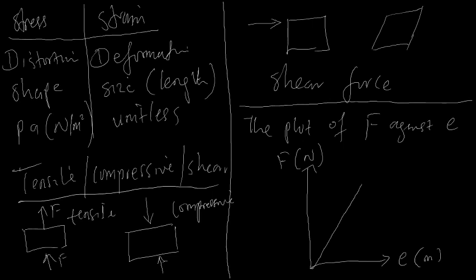Number one is the slope of this plot F against E will be what? So the slope, we know slope is rise over run. That's the vertical over the horizontal. So change in the vertical axis, which is force, over change in the horizontal, which is the extension.